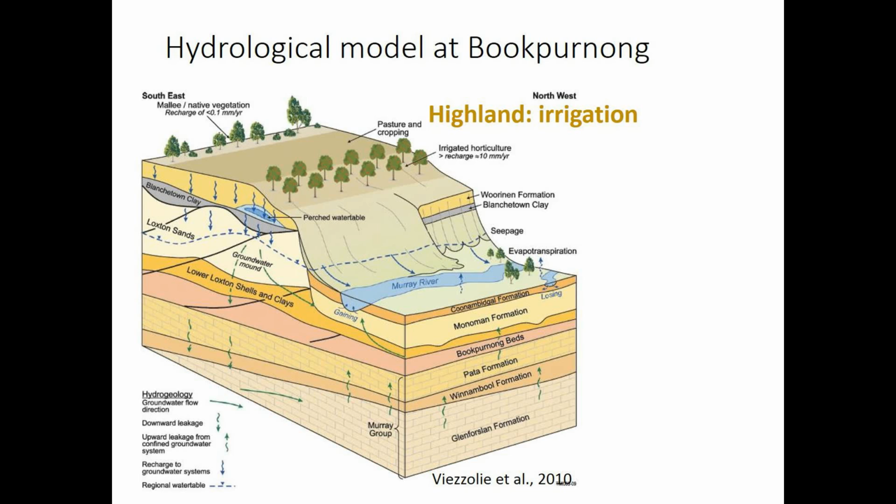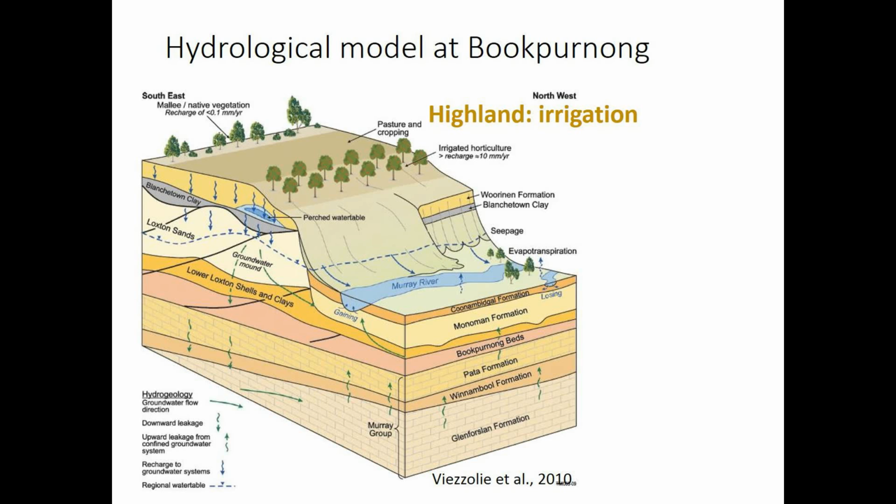So the hydrological model at Burke is probably kind of complicated, but the basic idea is we have irrigation on the highland. So there is going to be lots of water recharging the local groundwater. So there's a little bump on the water table on the highland. Then there's a hydraulic gradient from the highland to the river.